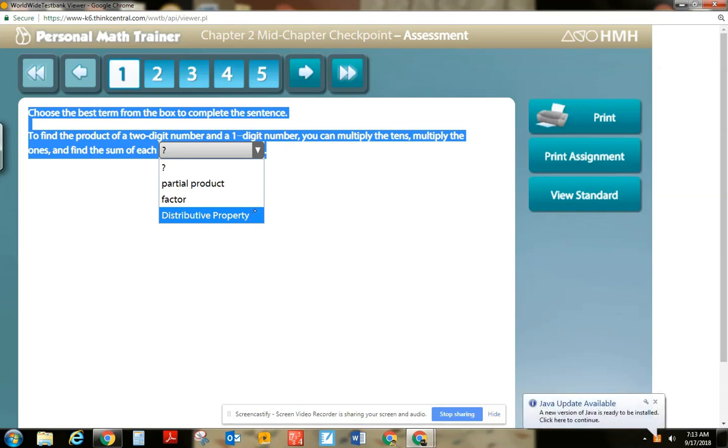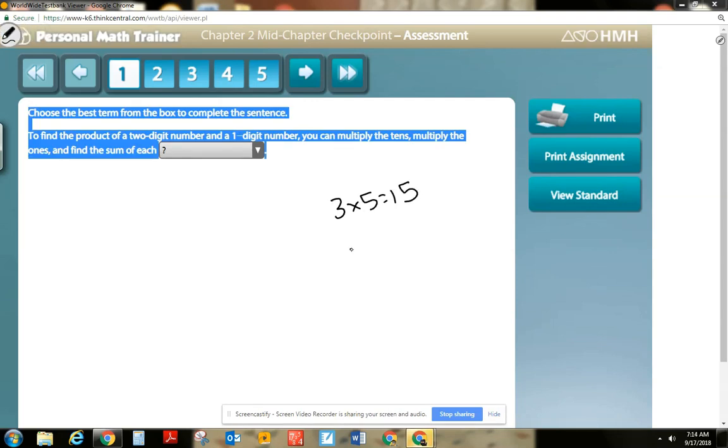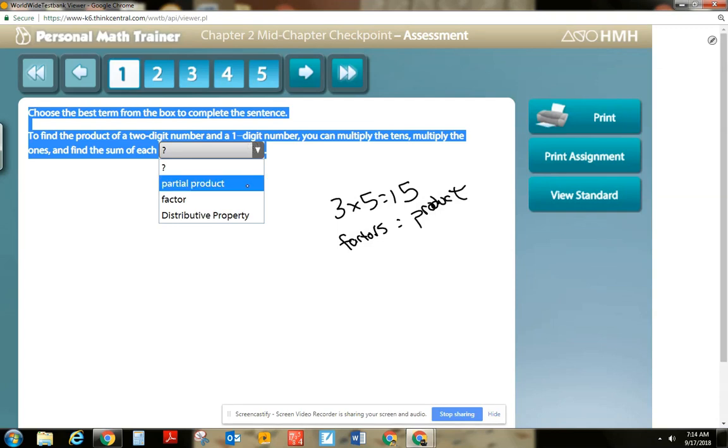So we know distributive property is to break up and pass out a number, right? Factor is the two parts of a multiplication problem, like 3 times 5 equals 15. The 3 and the 5 are both factors, and then we know that the 15 is the product. And partial product means that we find part of the answer, and then find another part of the answer.